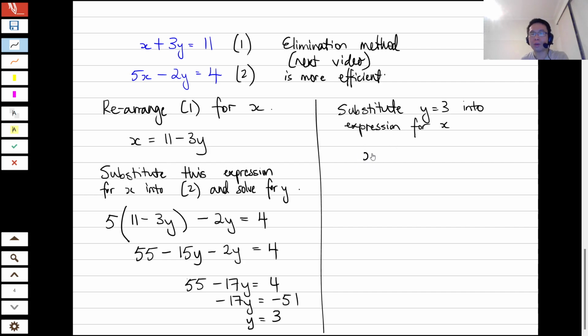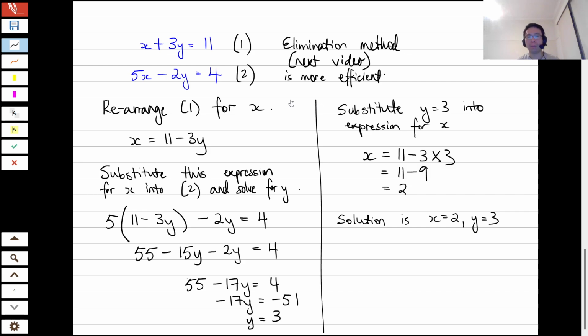So x equals 11 minus 3 times the value for y which I found previously, which was 3. So it's 11 minus 3 times 3, which is 11 minus 9, which gives me 2. And hence, the solution is x equals 2 and y equals 3.